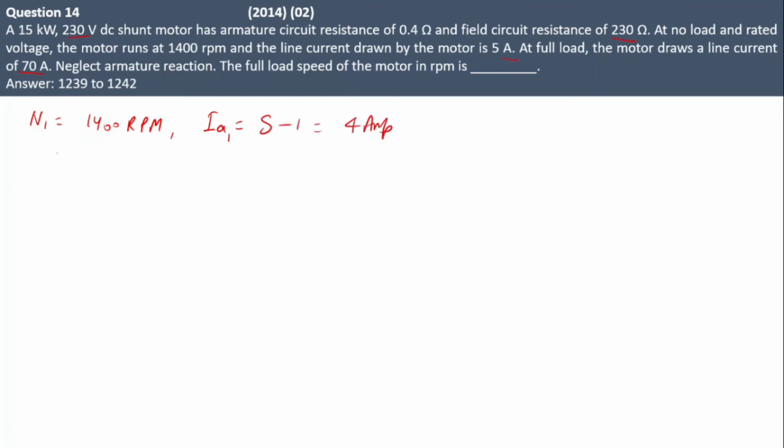You can find the back EMF, V minus Ia Ra, so it is 228.4 volt.